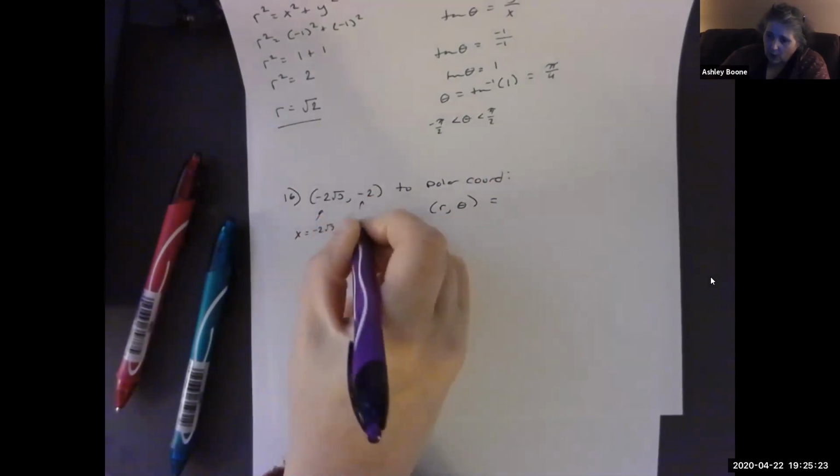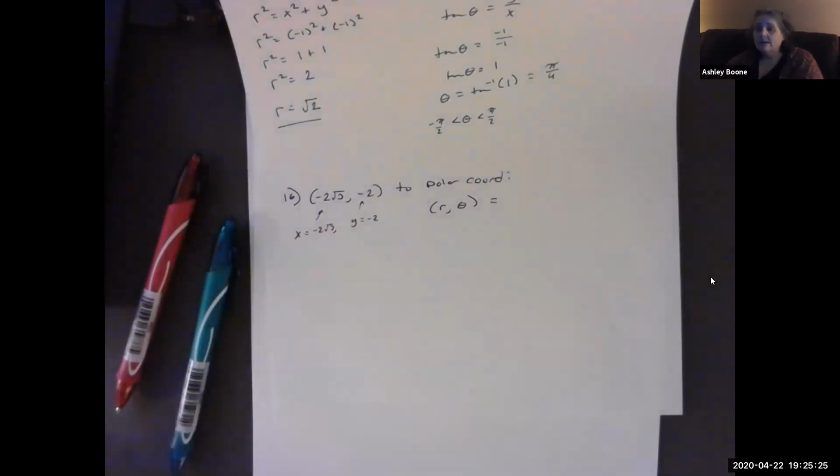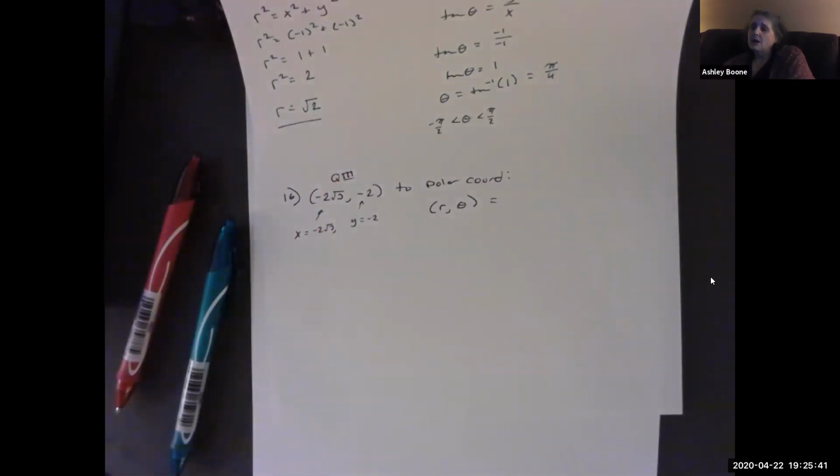We know that y is equal to -2. This is in quadrant 3 because both x and y are negative. So we know we're in quadrant 3. So we know our angle theta has to be in quadrant 3 somewhere. So we know that much.